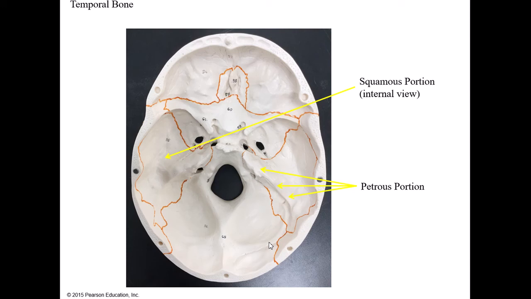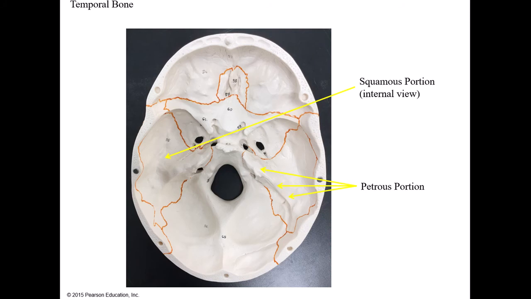Those are all seen from the outside. From the inside, this whole triangular area, all here going over to here, big triangle, and it's raised in the middle. That is the petrous portion of the temporal bone, and we're going to see down the road this is where our inner ear structures are located. So we have two temporal bones.